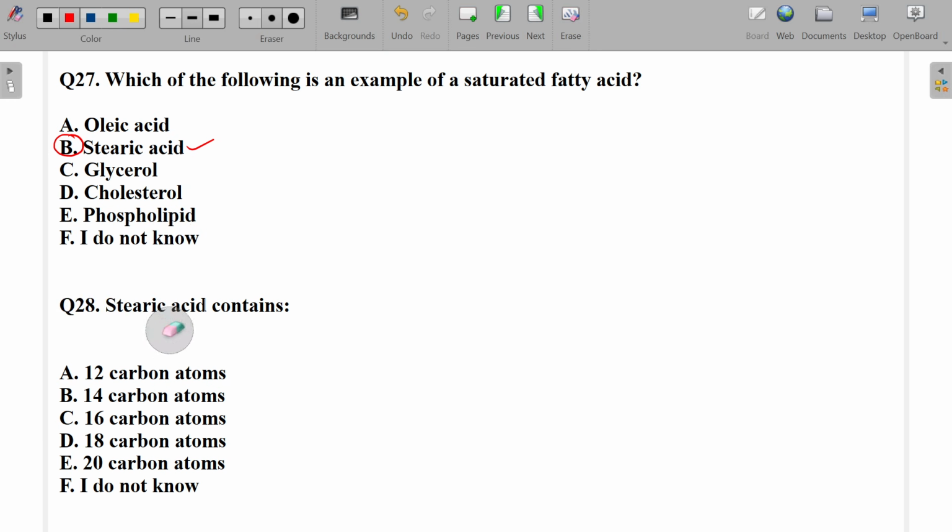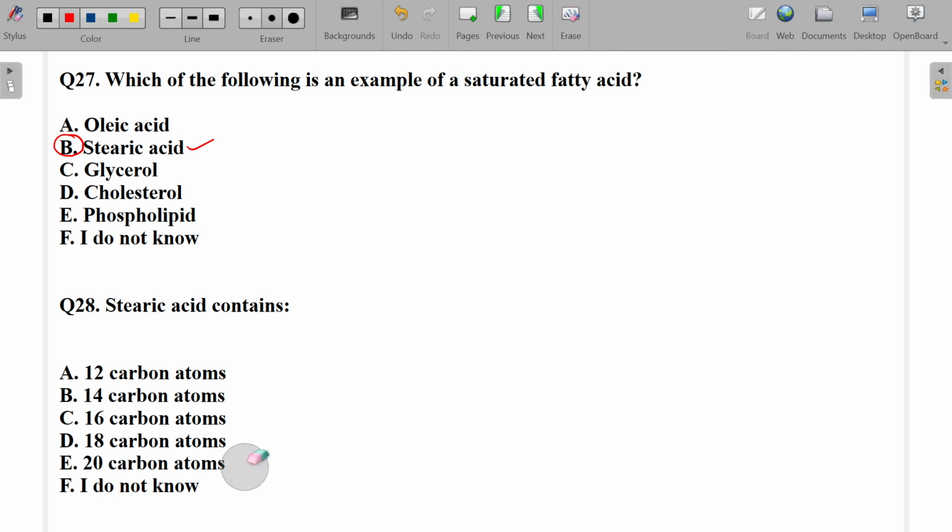Question 28. Stearic acid contains A, 12 carbon atoms. B, 14 carbon atoms. C, 16 carbon atoms. D, 18 carbon atoms. E, 20 carbon atoms.